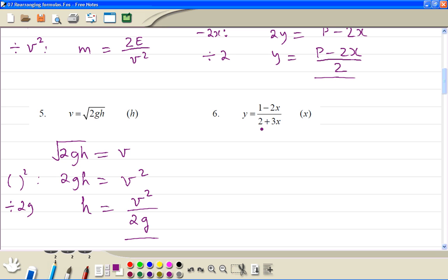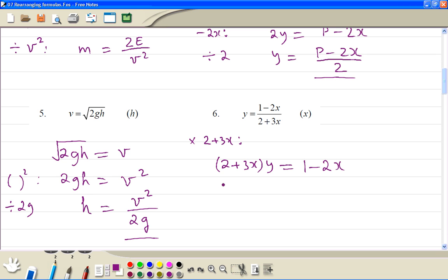So first we multiply both sides by 2 plus 3x. So we have 2 plus 3x times y, and on the right hand side we're just left with 1 minus 2x.